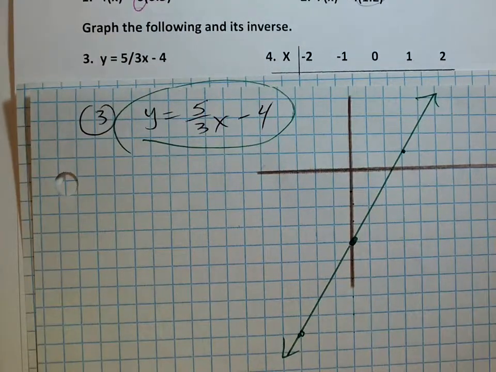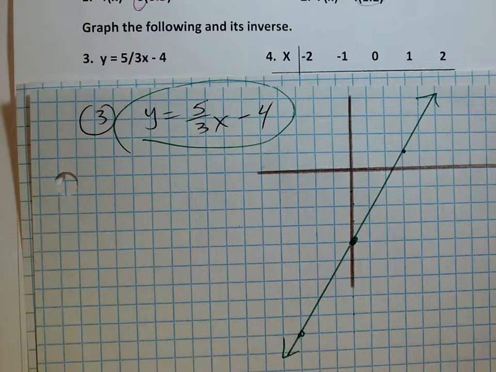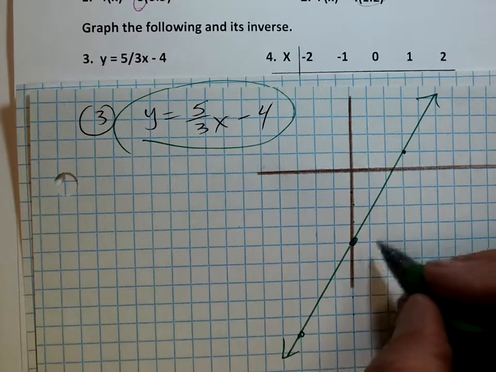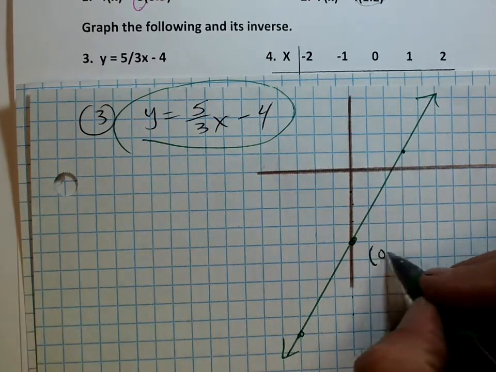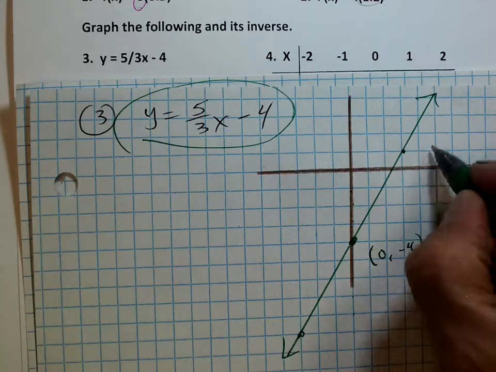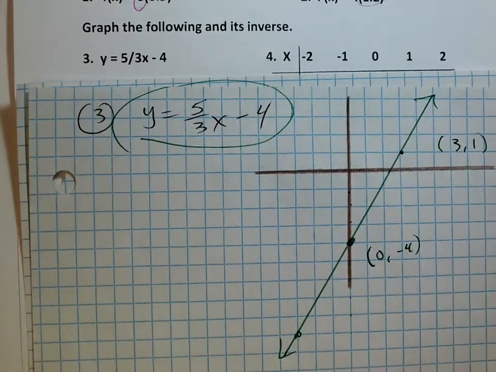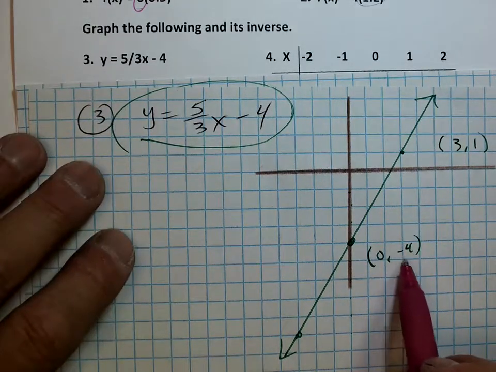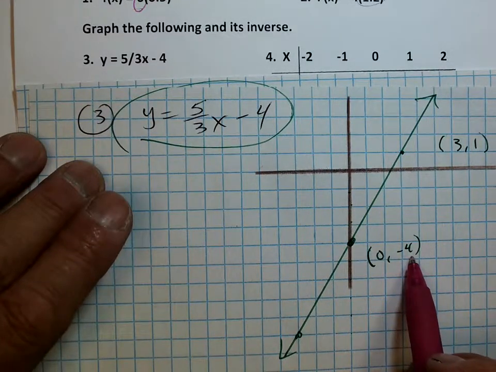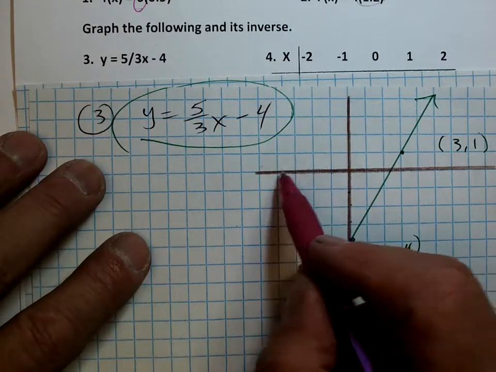Now to do its inverse, we need its inverse graph and its inverse equation. So we're going to do both. So first of all, I want its inverse. I'm going to take all of these points and just switch them. This is the point at 0, -4. This is the point at 3, 1. So to get its inverse, we just flip-flop them, right? So we'll have an inverse point at -4, 0, 1, 2, 3, 4.